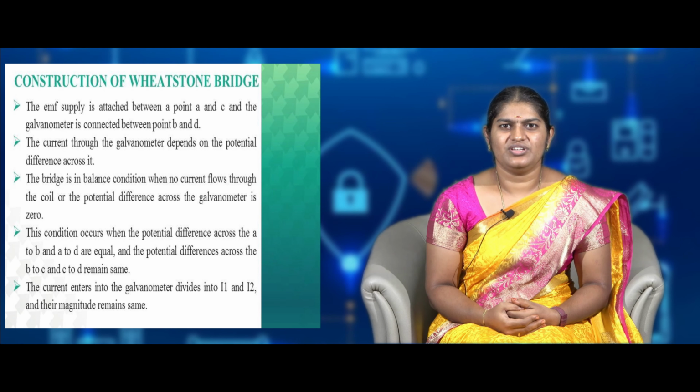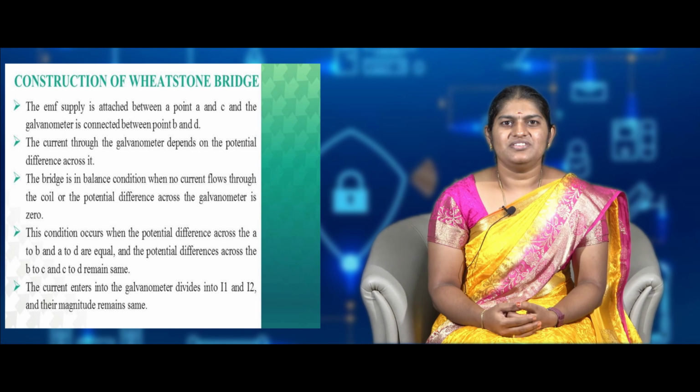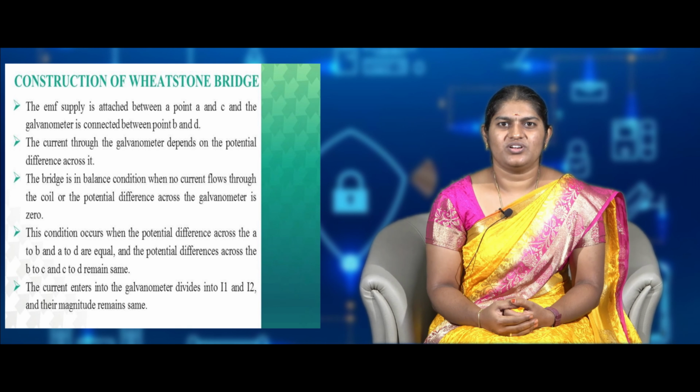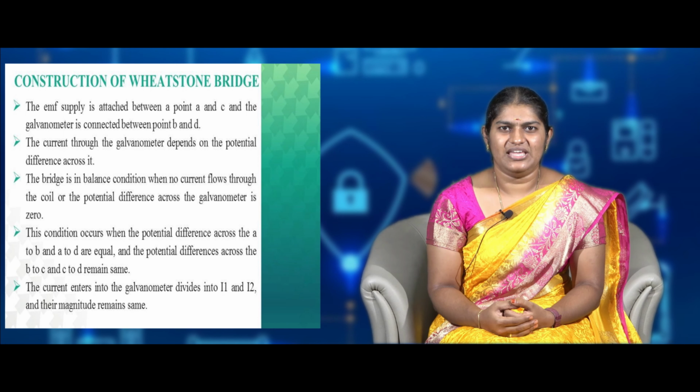The current flowing through the galvanometer depends upon the voltage across it. The bridge is said to be in balanced condition if no current flows through the coil, that is, the potential difference across the galvanometer is 0. This condition is achieved when the potential difference across AB and the potential difference across AD are equal. The potential difference across BC and the potential difference across DC also remain the same.